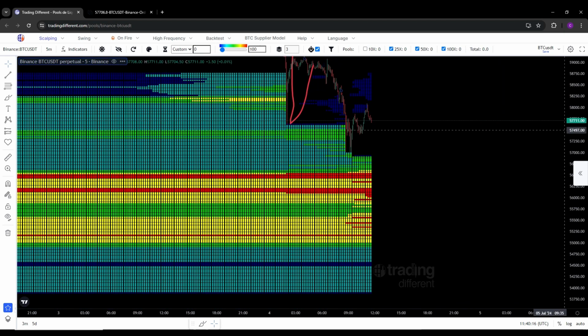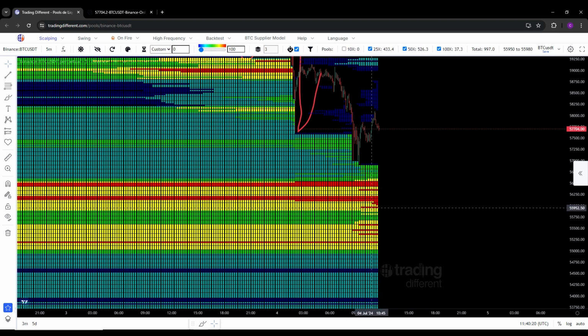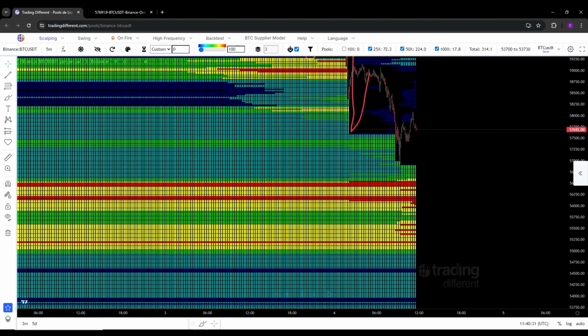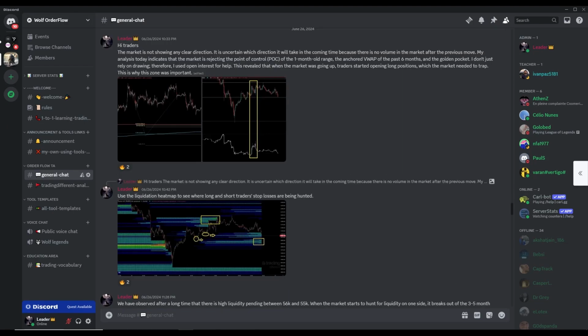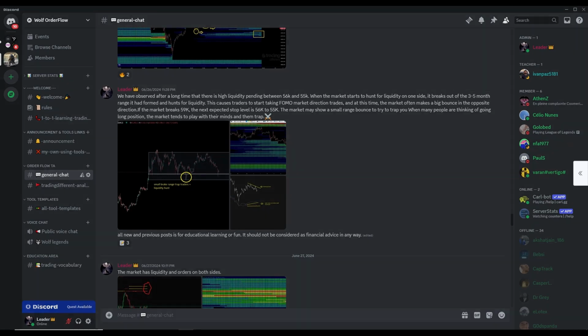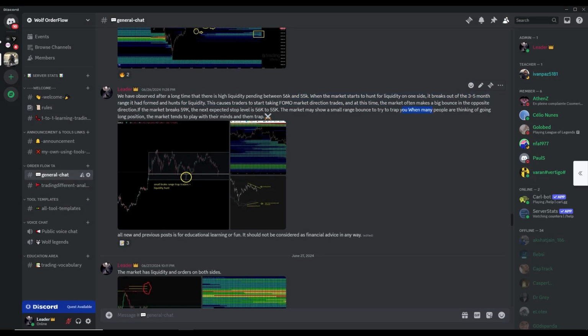The closing point is around 55 to 56,000, indicating significant pending liquidity that could lead to a significant market bounce. I knew that if the market crosses 59,000, it will break into a new range and move towards 55,000 or 56,000.